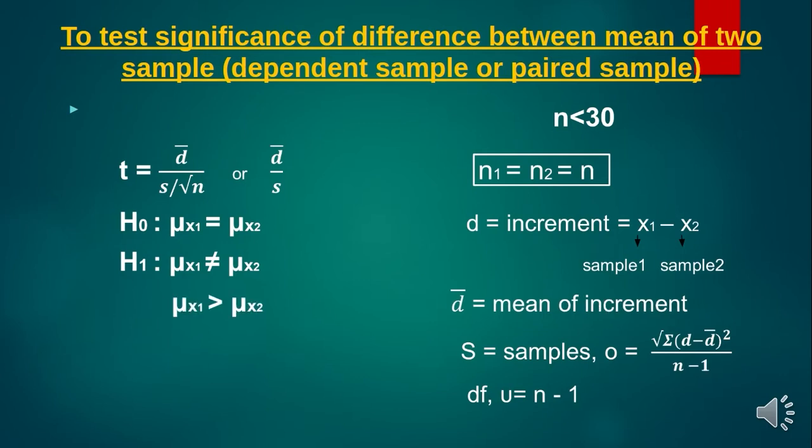If the sale is more before the advertisement and less after, then mu x1 is more than mu x2. If the sale is less before the advertisement and more after, this type of equation is called two-tailed.